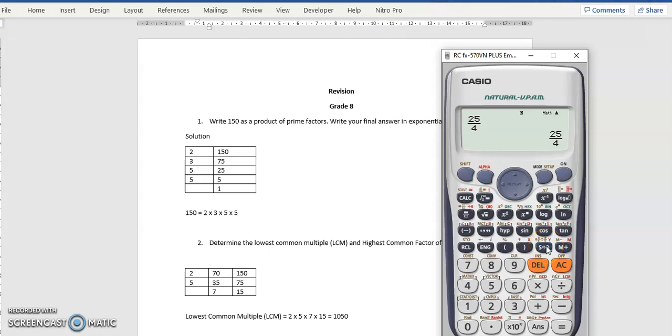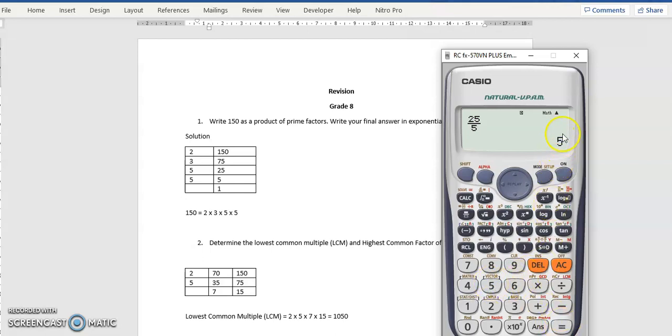So let me try 25 divided by 5. I'm showing you another thing also on the calculator. So you see, I'm moving the cursor back. I did not delete it. So I'm moving this cursor back and I'm going to change the 4 to 5. So I move the cursor to this side nicely. Then 5.